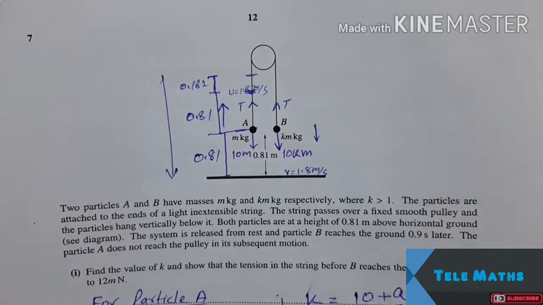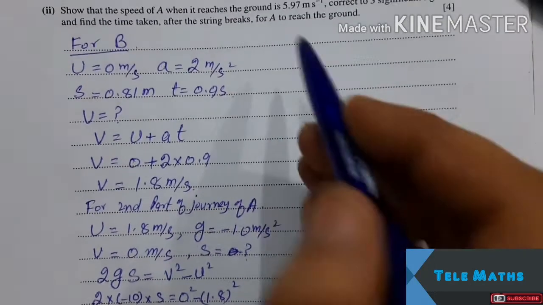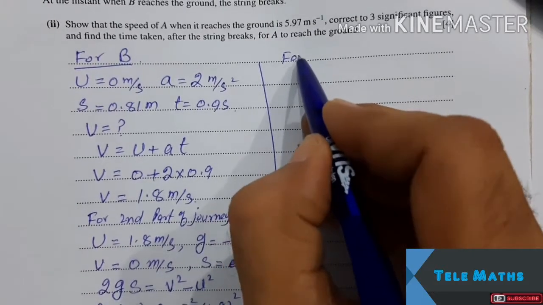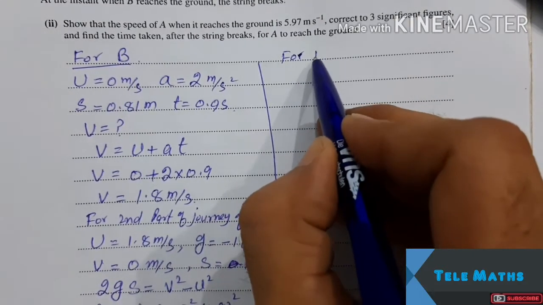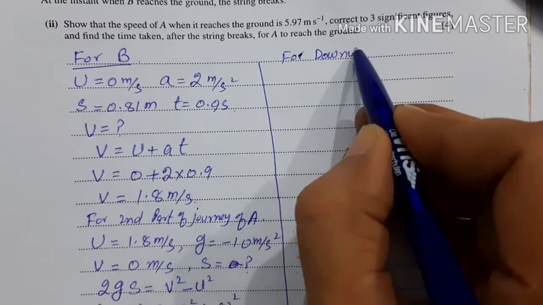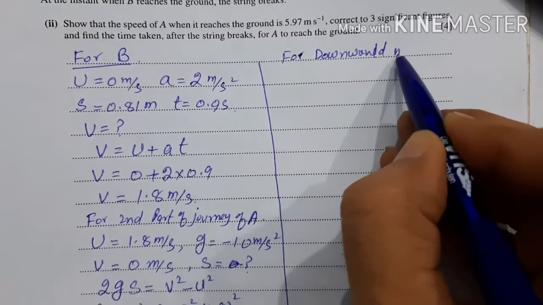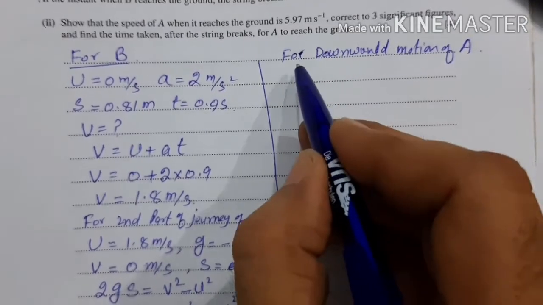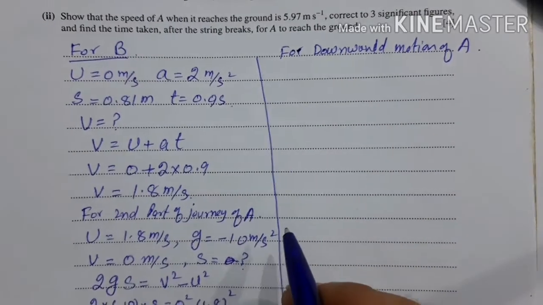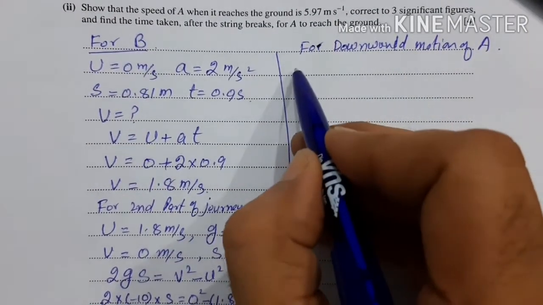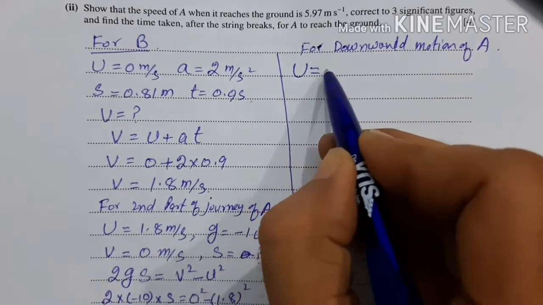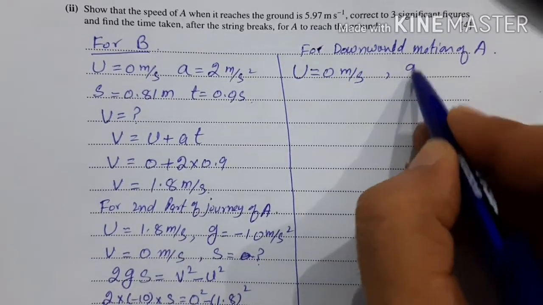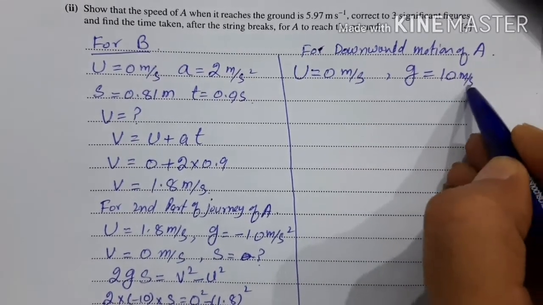I need that distance. Now for the downward motion of A, the particle will start from rest again, because at the highest point the particle stopped, so the initial speed will be 0 meters per second and g will be 10 meters per second squared.